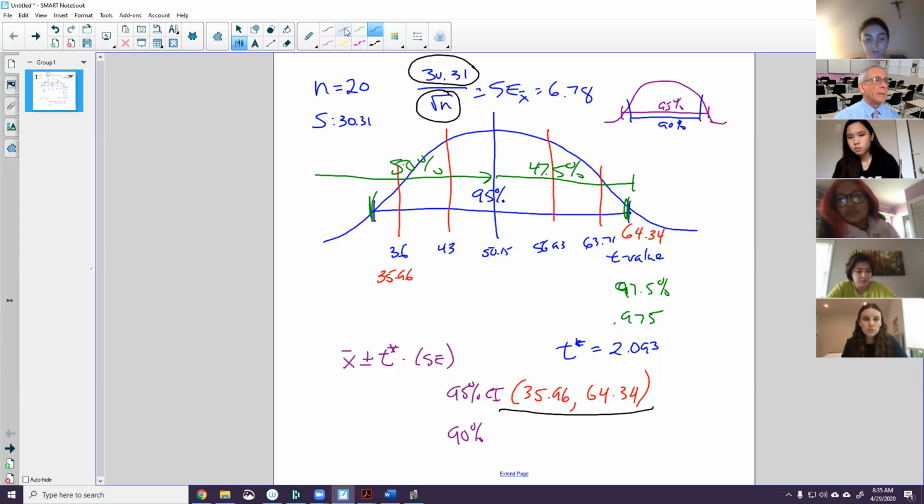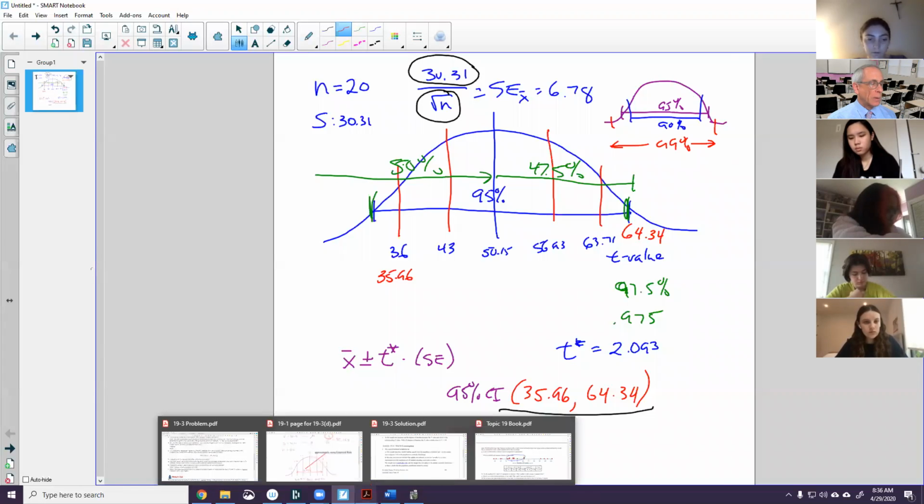And correspondingly, 99% is going to be bigger because I have more space. I'm more confident. I have a larger interval that I'm sure is going to work for the population mean. Make sense? Yes? No? I think the picture really helps understand. I wouldn't want to have to memorize this without a picture. I really like the picture.